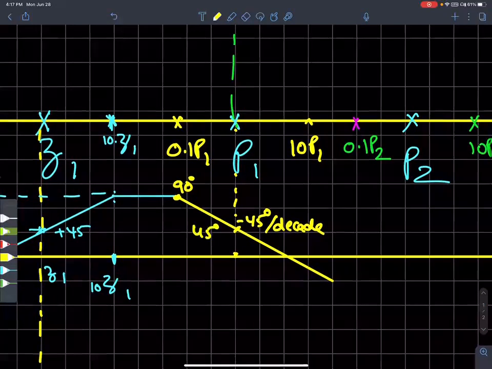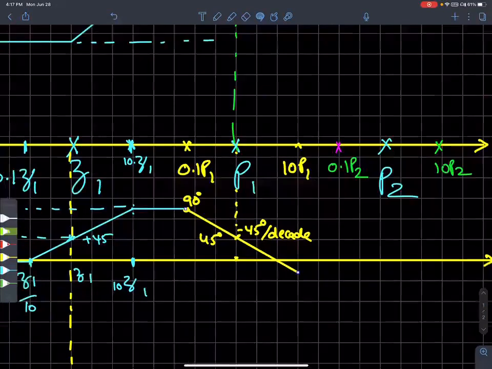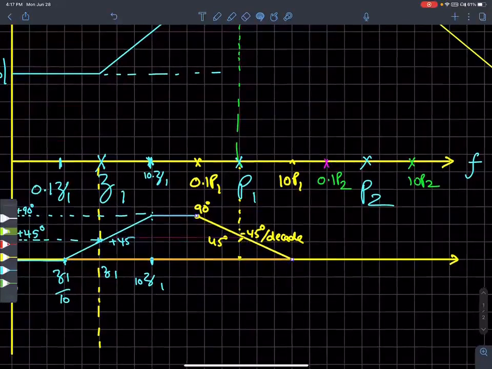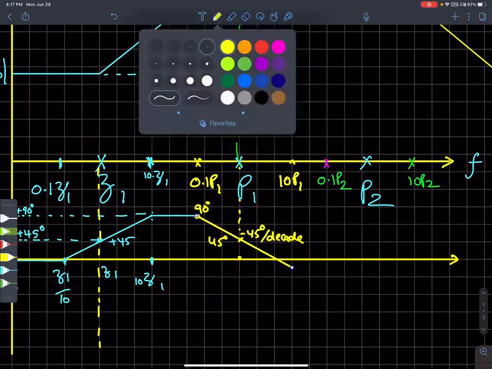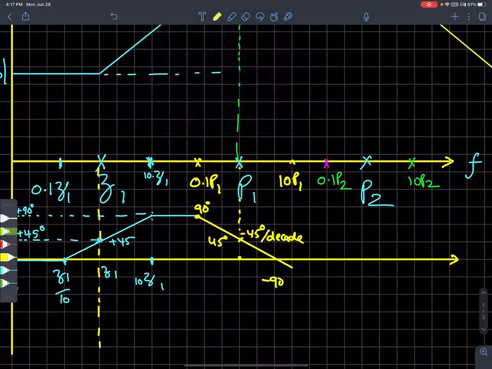Once you hit 10 times the pole frequency, which is this guy, the pole will have dropped your phase by 90 degrees and its effect is over.